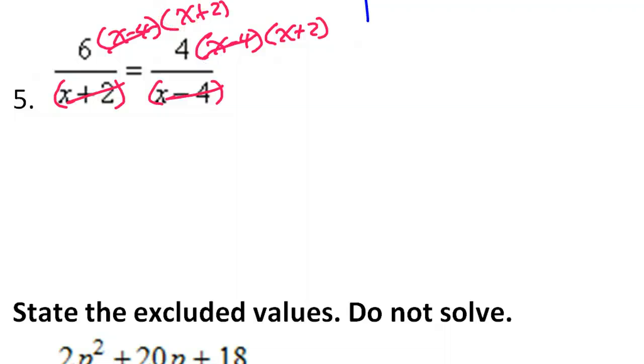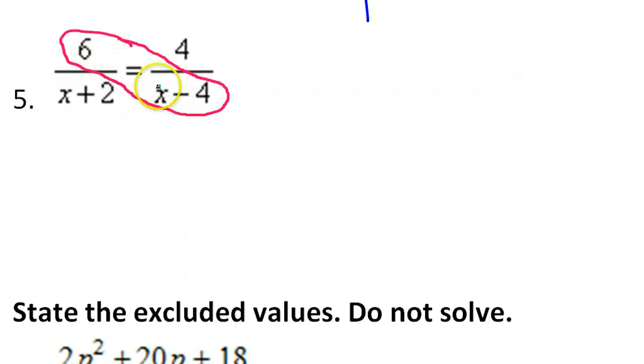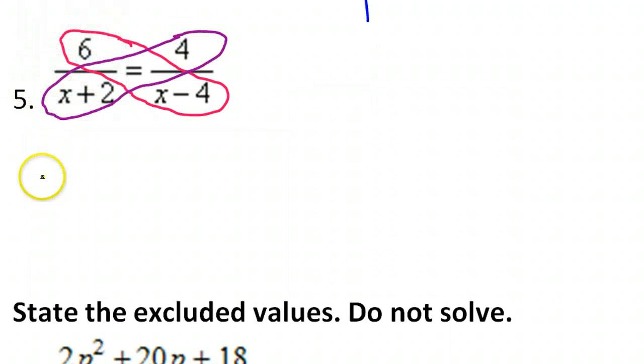I could do it that way. But when you just have a fraction equal to a fraction and we want to solve it, it's easier to think of it as cross multiplying, where we do the diagonals. So I can do 6 times x minus 4 and set that equal to 4 times x plus 2. I'm going to do it that way this time.